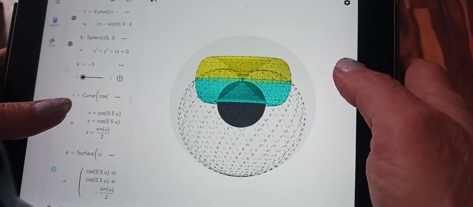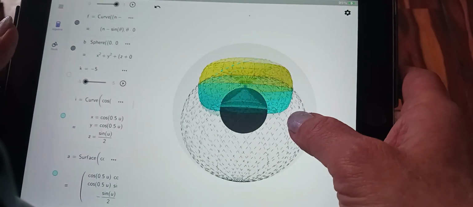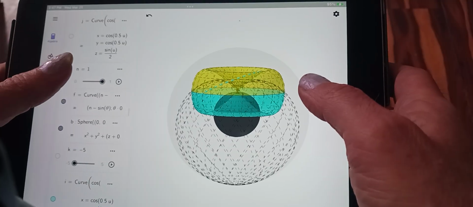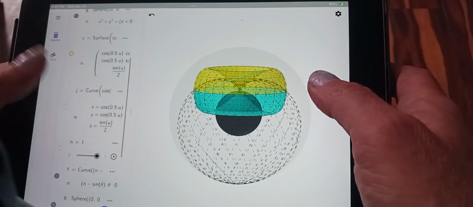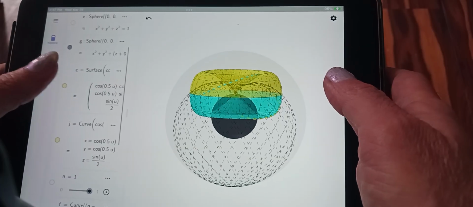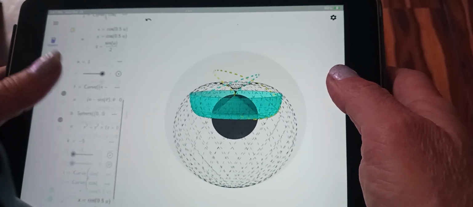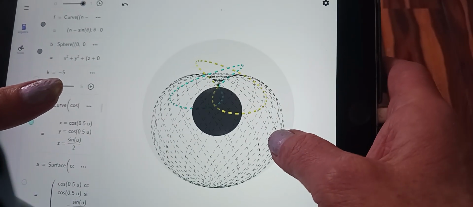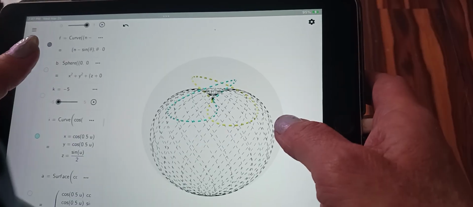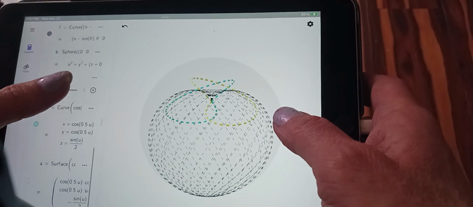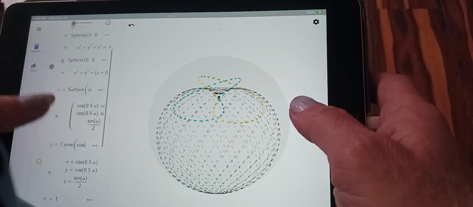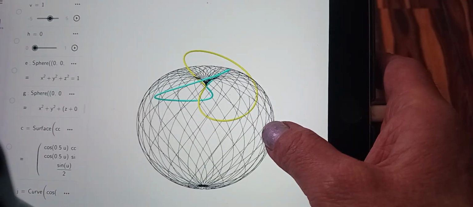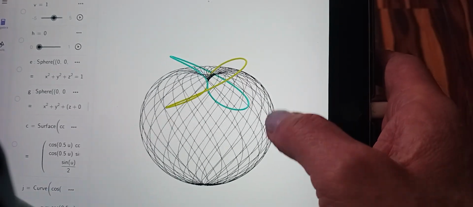What was there? Oh, yeah, and then what I found cute was that when you draw just a single orbit of the surface, and I've got to take away one of these spheres. No, not that one. Boom. There we go. Look at that.